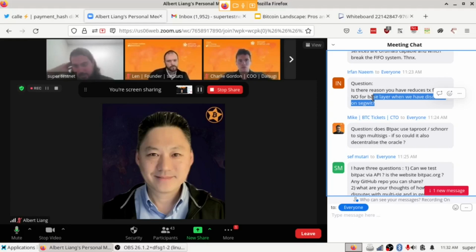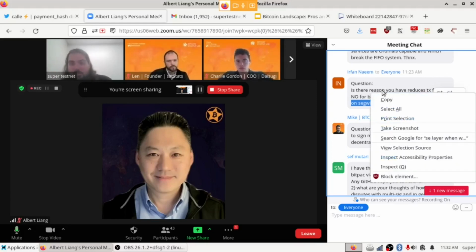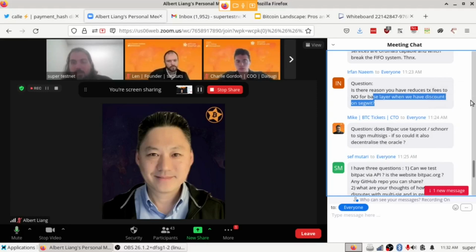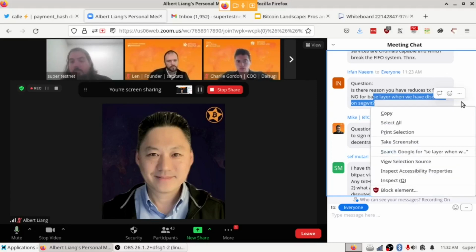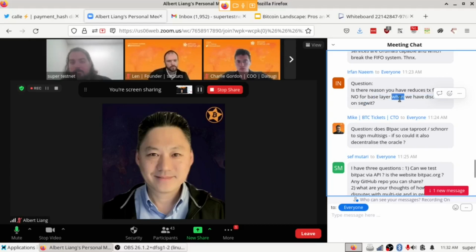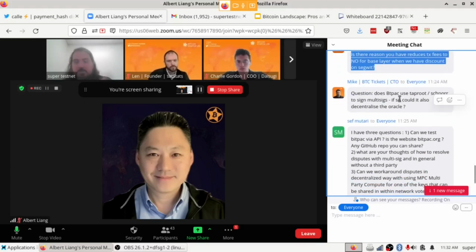Or a transaction that uses SegWit is definitely going to be cheaper than one that doesn't. But you're still just doing a base layer transaction. So to me, it's not reduced in comparison with the base layer itself. So that's why I'm just categorizing the entirety of base layer transactions. Is it lower than that? Well, no. If it's a base layer transaction, it's not lower than a base layer transaction by definition.